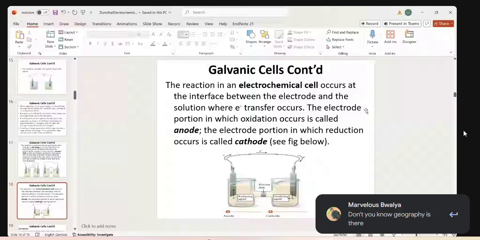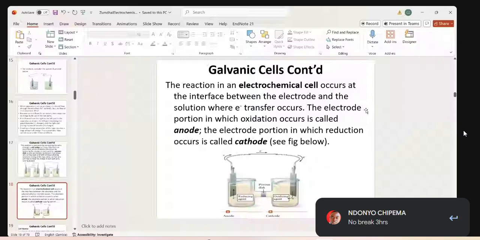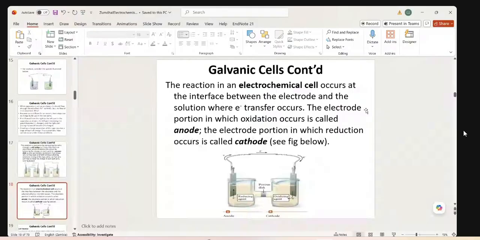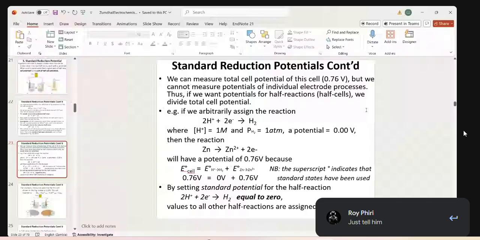Now, the standard hydrogen electrode or cell potential or reduction potential is 0. So elements that are less reactive than hydrogen, they have positive reduction potentials. Elements that are more reactive than hydrogen, they have negative reduction potentials in most cases.